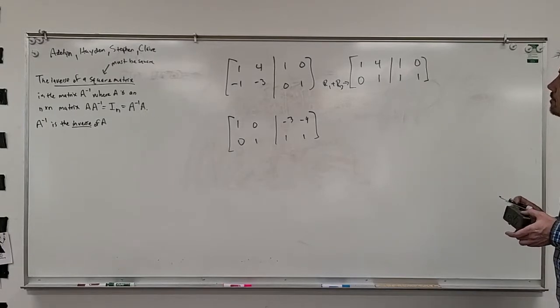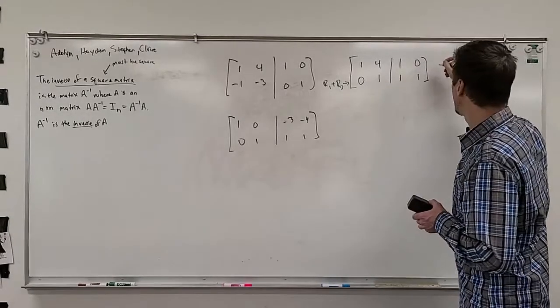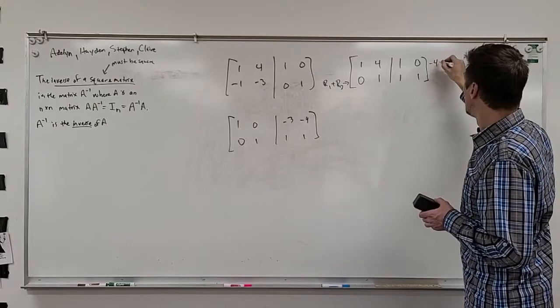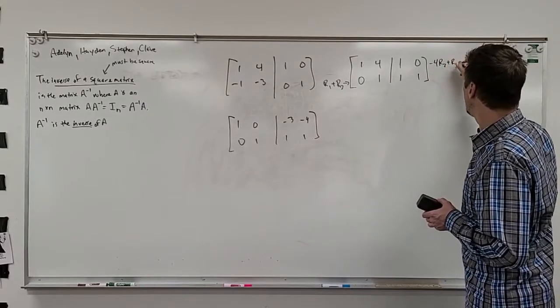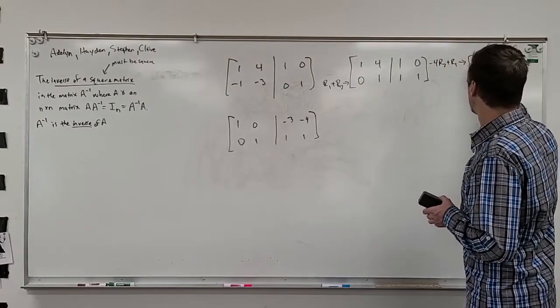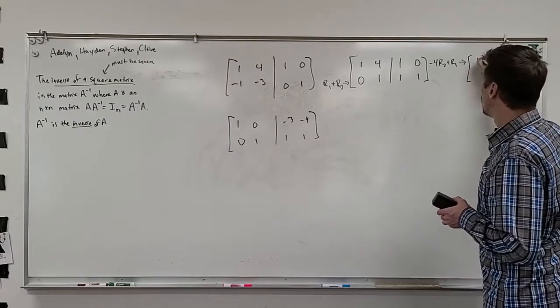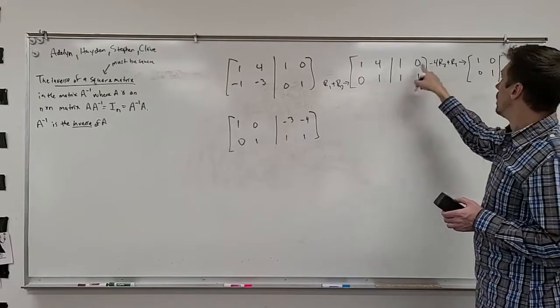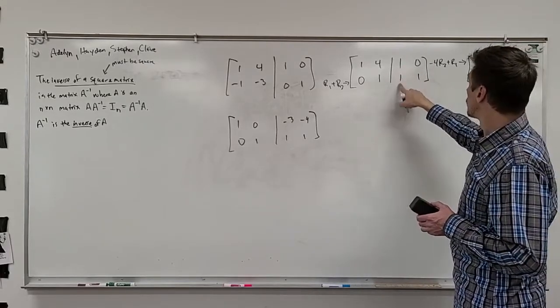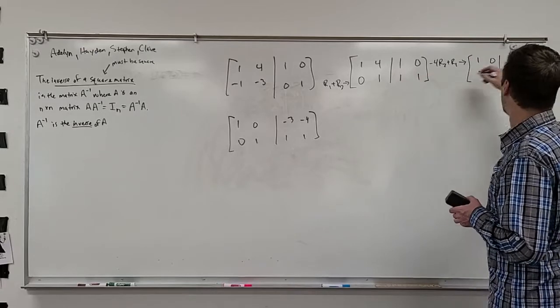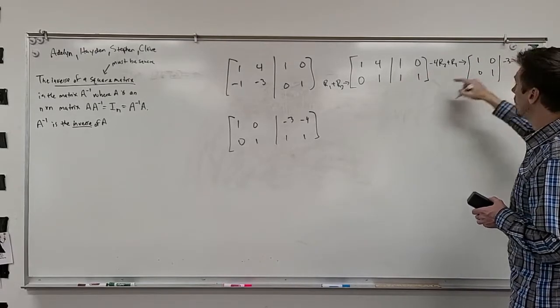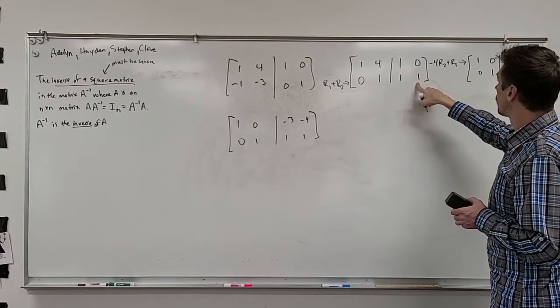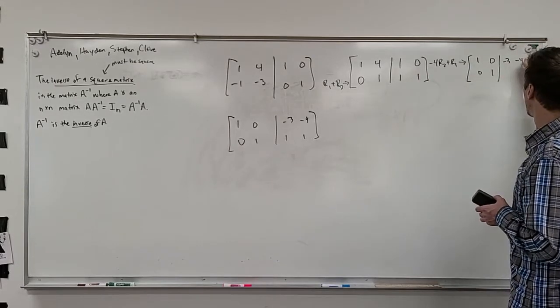And so we want to get a 0 up here, and so we would say -4 times row 2 plus row 1, and we get 1 here, we get a 0 here, 0, 1, and then -4 times row 2, -4 plus a 1 is going to give us a -3 here, and -4 plus a 0 is going to give us a -4 here.